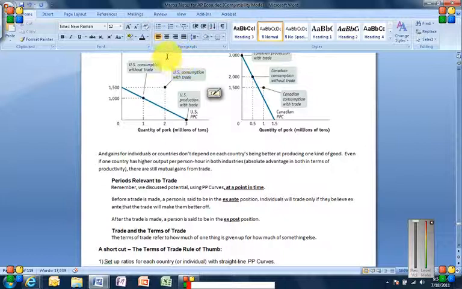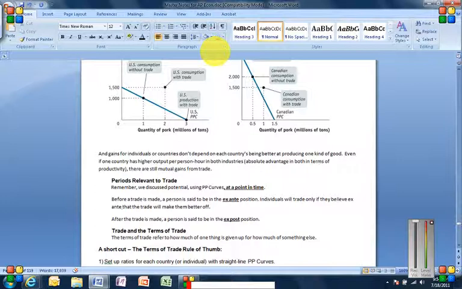Looking above in the example on this page, let's say you said, okay, so the United States could specialize in the production of pork because based on my calculations, which I'm not going to show you here, but you should recall how to do, they have this comparative advantage in pork, and they're going to specialize in that. Canada's going to specialize in the production of aircraft, and they're going to trade away some. They will hopefully be better off.